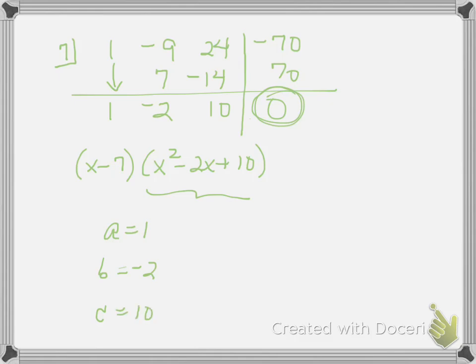Now what we have to do is use the quadratic formula to solve that particular quadratic. So let's see what we get. Remember, the quadratic formula is negative b plus or minus the square root of b squared minus 4ac all over 2a.